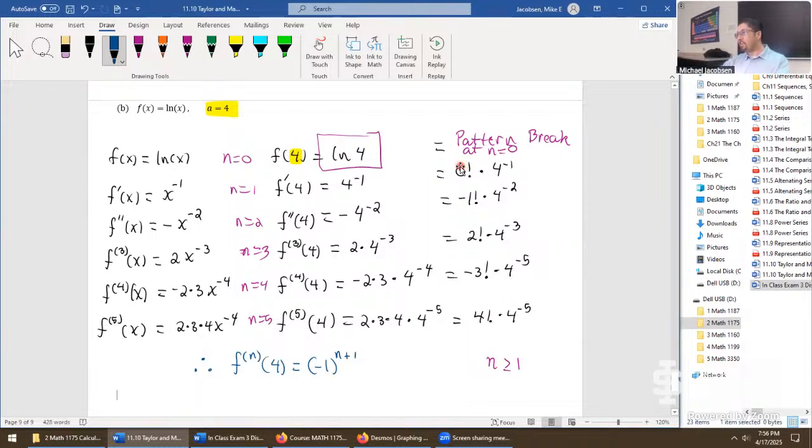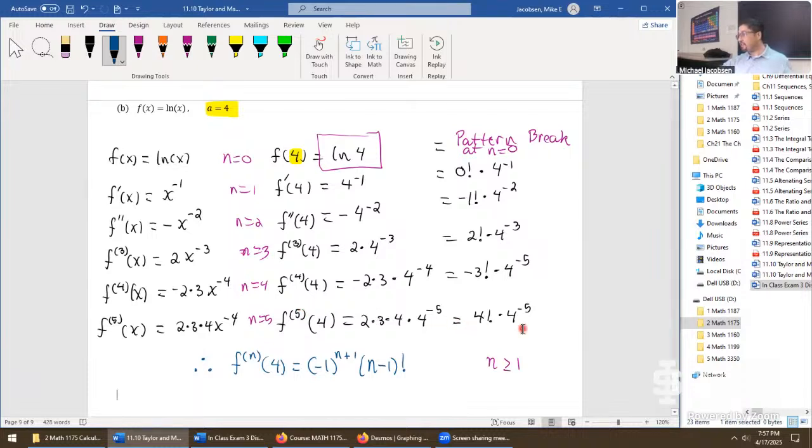So aside from the fact that it alternates, there's also a factorial. But check out how it relates. 0 factorial to the first derivative, second derivative to factorial 1. The factorial is always 1 less than the order of the derivative we take. So we have to go n minus 1 factorial on this thing to get the right factorial to come into play.